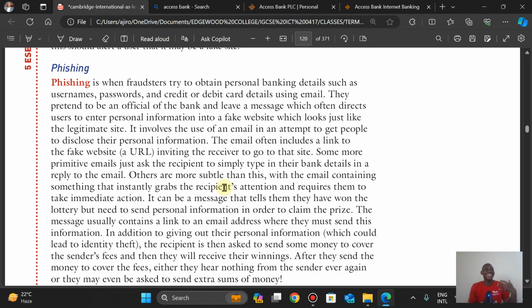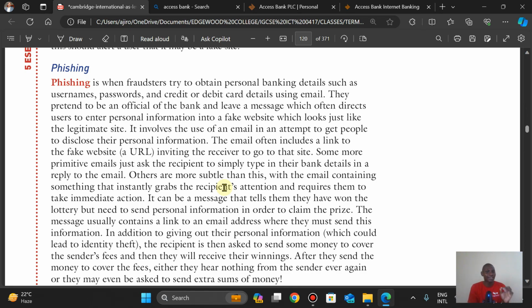So asking you your name should raise a red flag. Why will I have to tell them my name? They know my name. This is what it is in pharming and phishing, in all these fraudulent ways of obtaining your personal information.